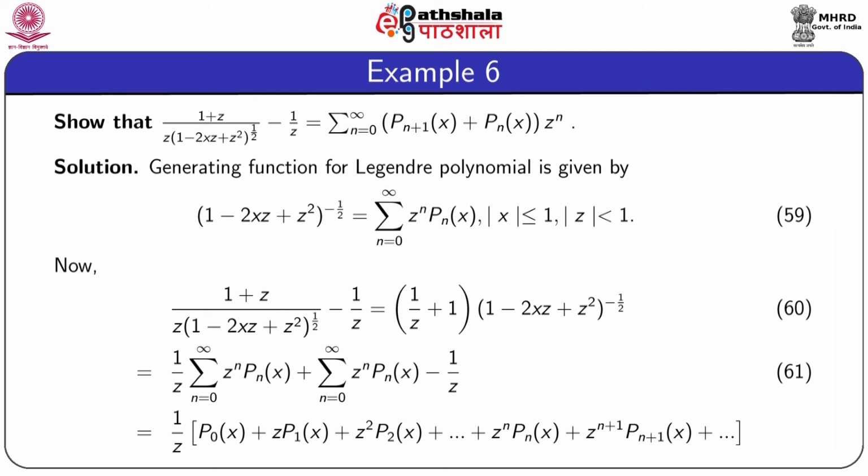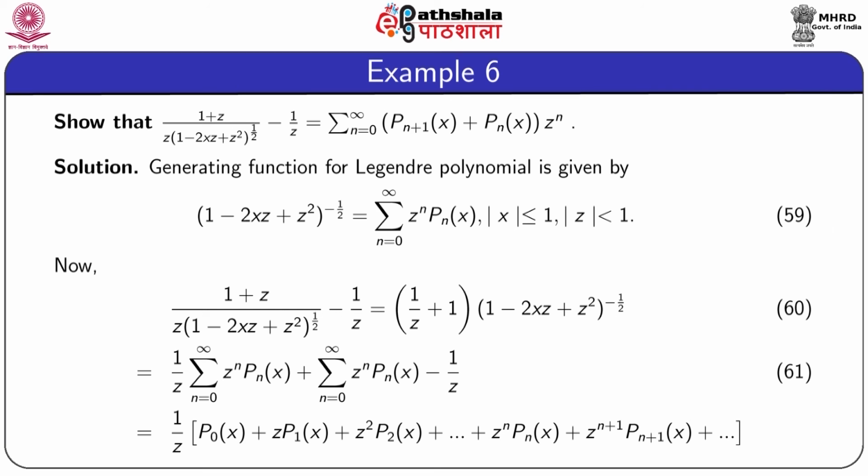Next you express (1 minus 2xz plus z square) to the power minus half by 62, and you will be getting an expression as shown in equation 64, which is 1 by z summation n equal to 0 to infinity z to the power n P_n(x) plus summation n equal to 0 to infinity z to the power n P_n(x) minus 1 by z. What you do now is you expand the first summation of equation 64, and if you do that you will be getting equation number 65.